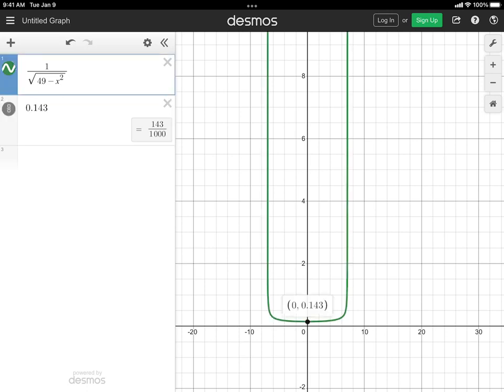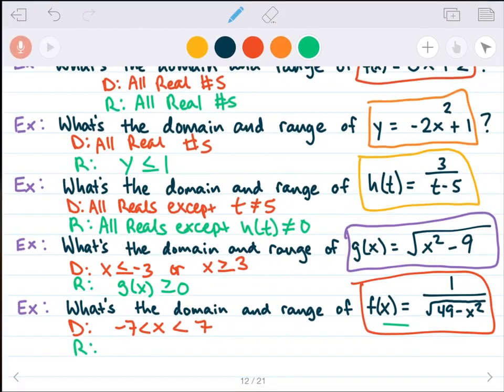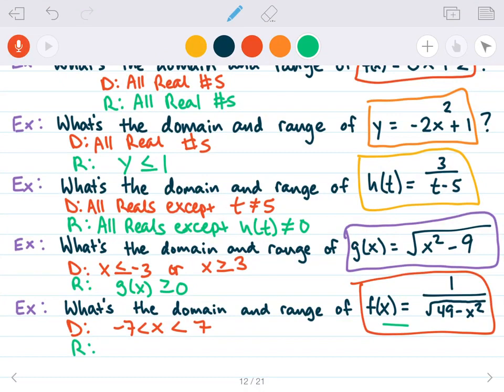Wait, is that right? Yeah. So let's just put 0.143 in there. So f of x is going to be greater than or equal to 0.143. Okay.